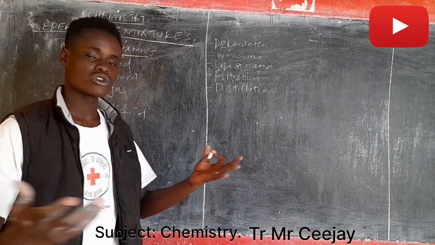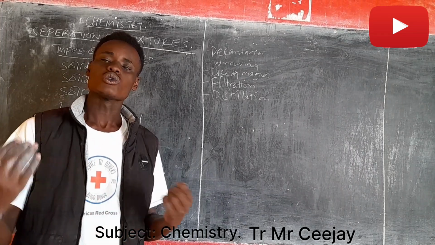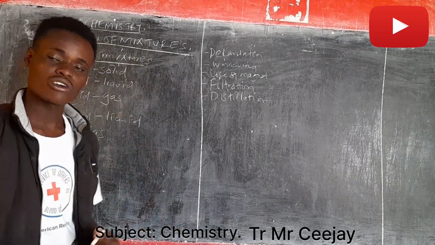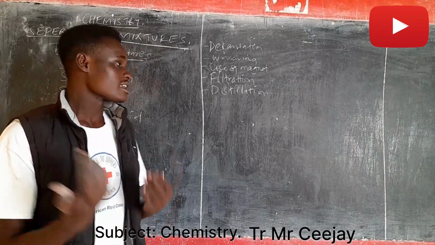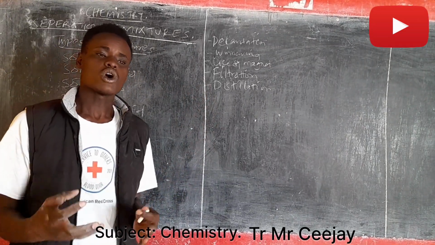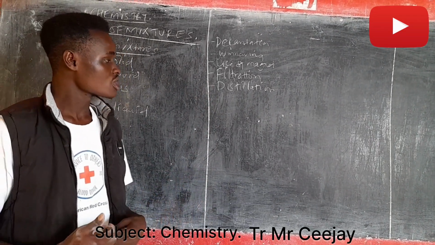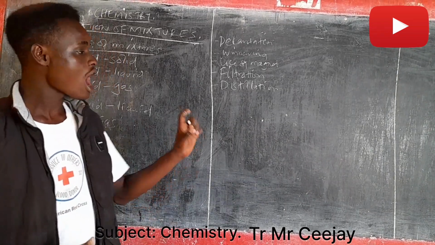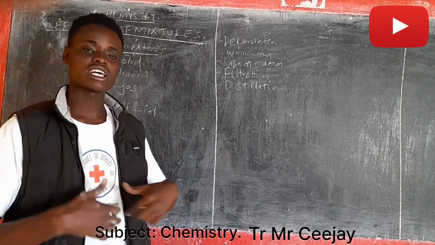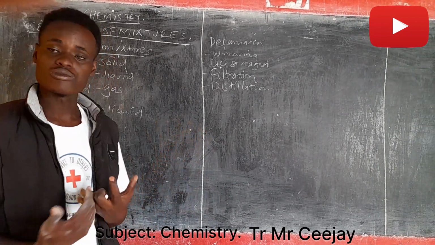So today we have been looking at how to understand the separation of mixtures, what a mixture is, and some methods of separation. As we continue the lesson, we are going to check how we separate some of these kinds of mixtures.